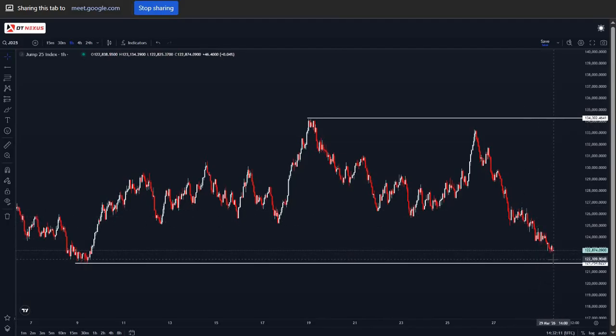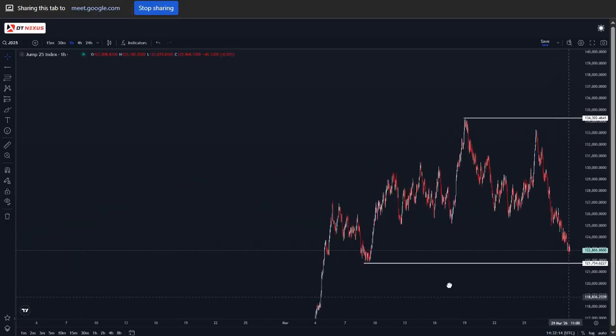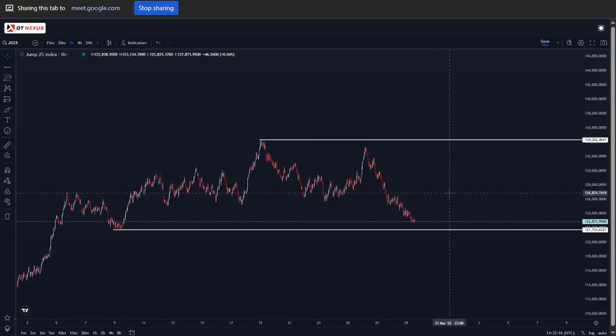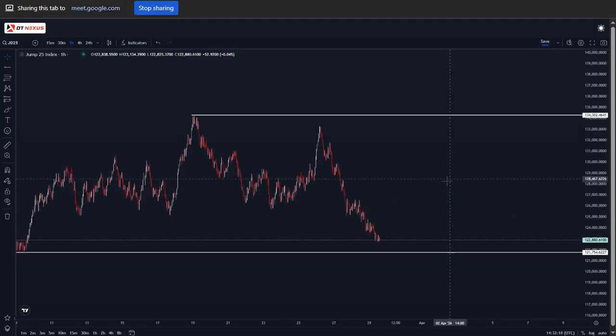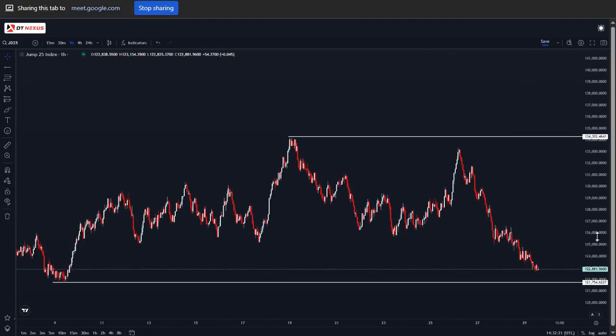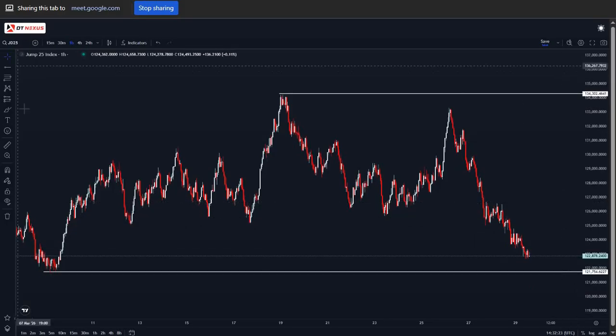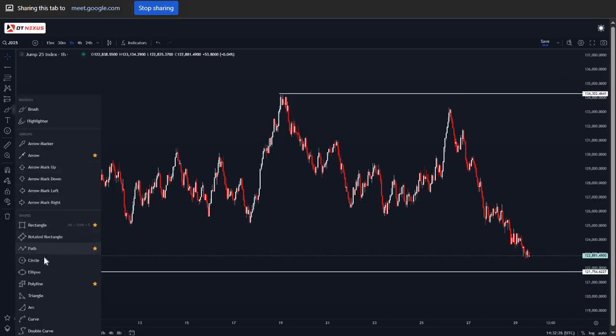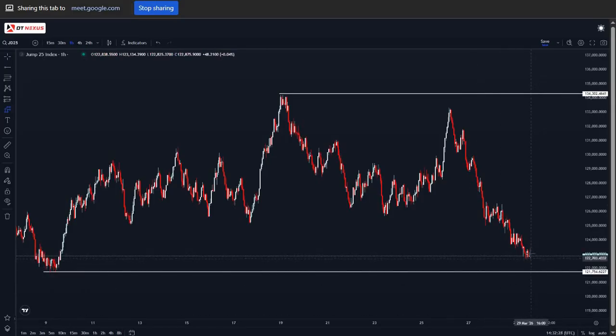So what I want to see is, once we reach this point here, what will the market give us? Are we either going to do something like this, retest back in and give us a move up?